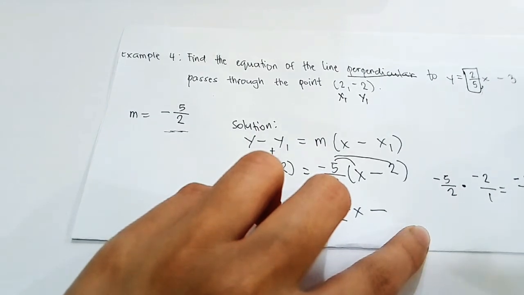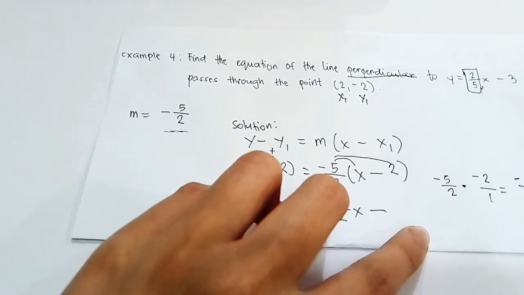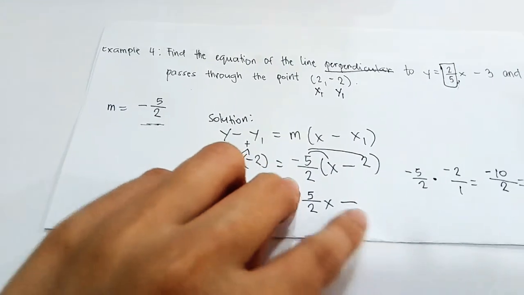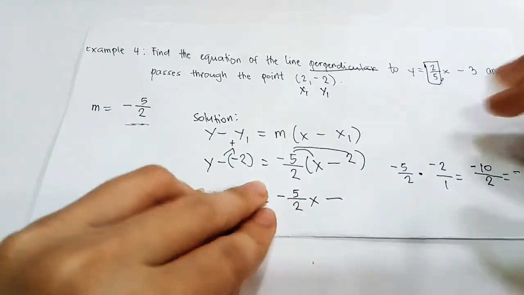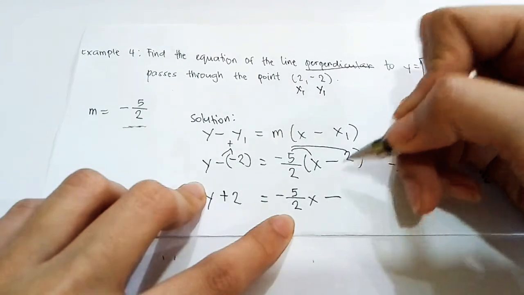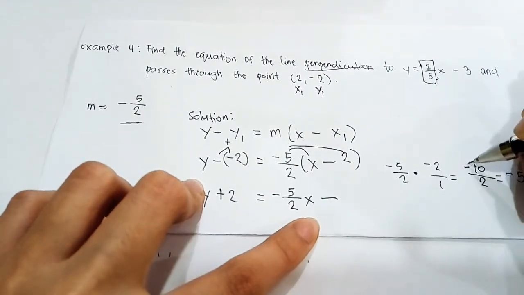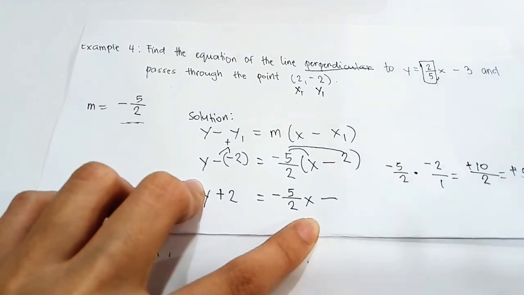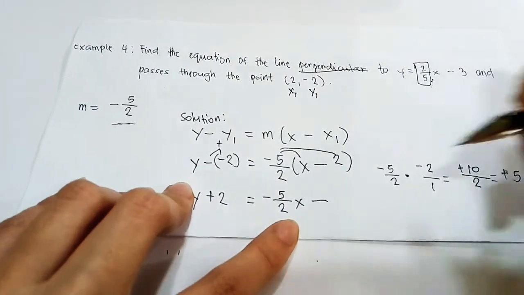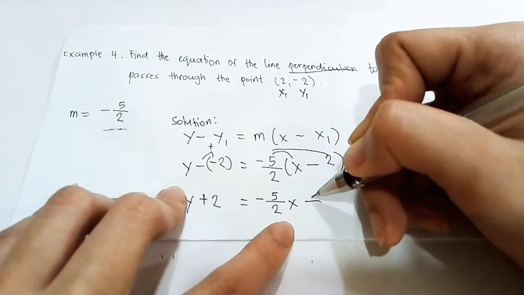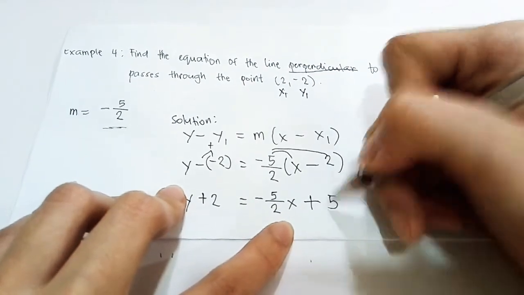And then simplify. The answer is negative 5. Okay, so since we have 2 negatives, sorry, the result is positive. So that is positive 5. So the operation here is plus 5.